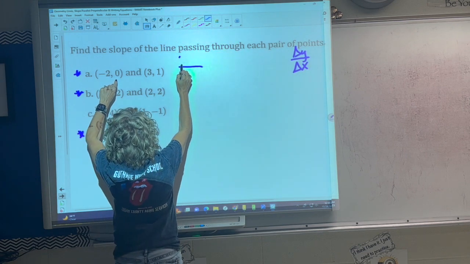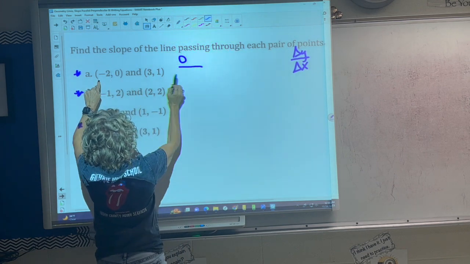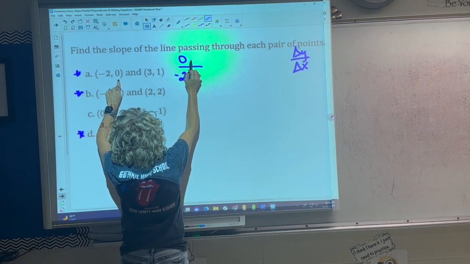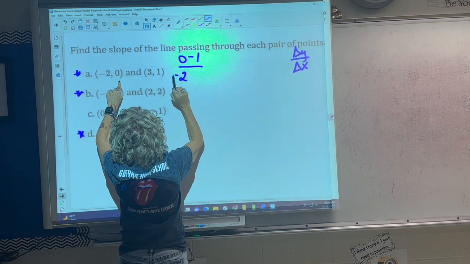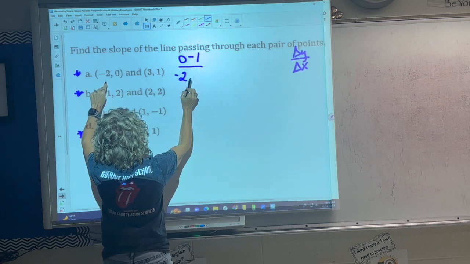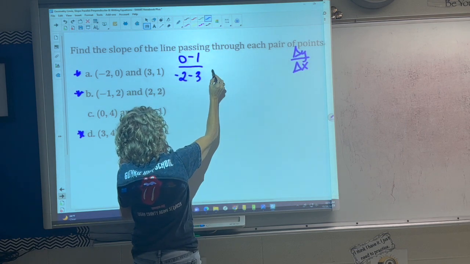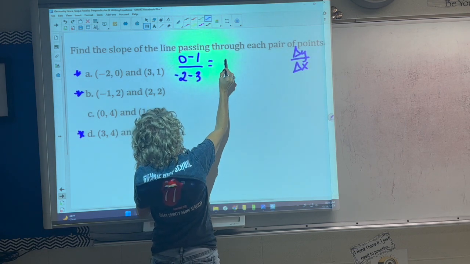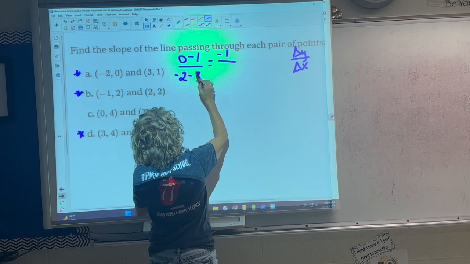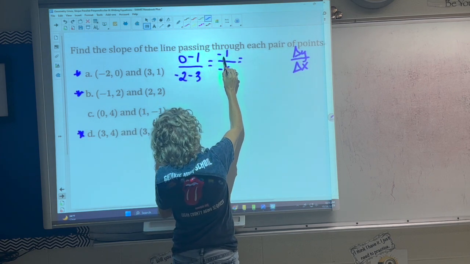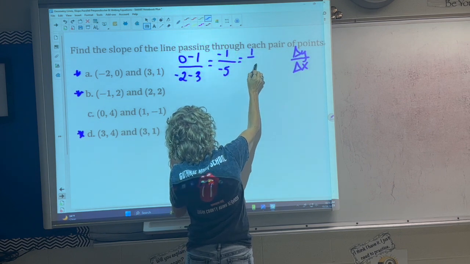I'm going to use this 0, and because I use this 0, I'm going to use that -2 first. So I'm going to have 0 minus 1 over -2 minus 3. Change in y over change in x. 0 minus 1 is a -1. -2 minus 3 is a -5. A negative over a negative makes a positive 1/5.